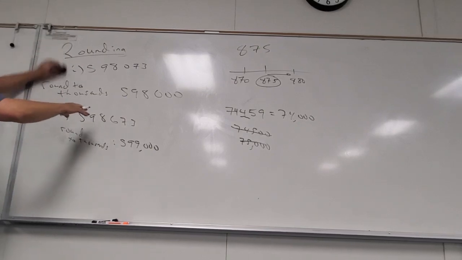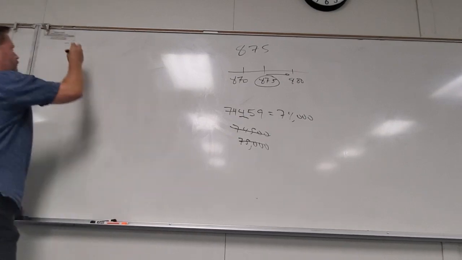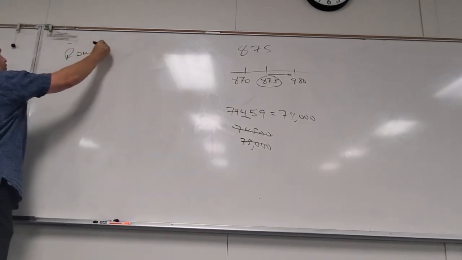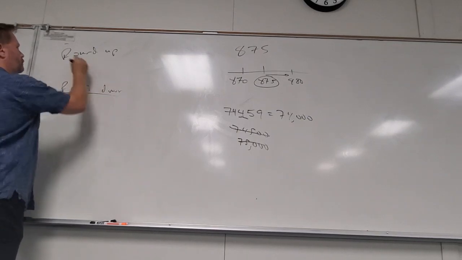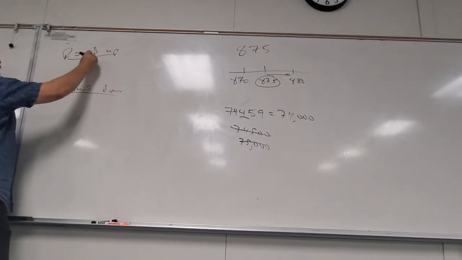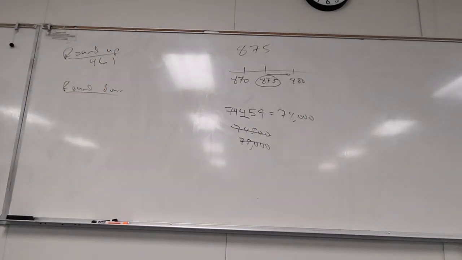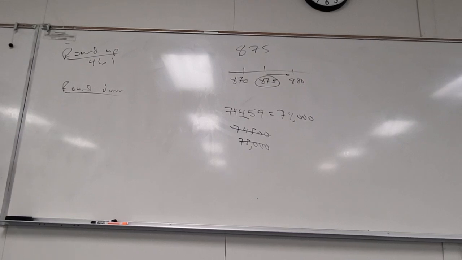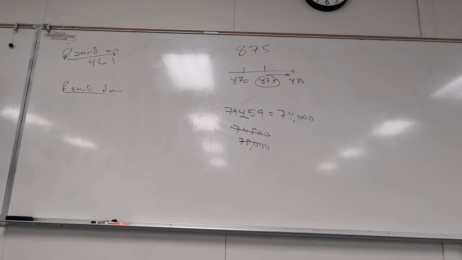But as we saw earlier, there's the idea of rounding up and rounding down, which is exactly what it sounds like. No matter what you do. So if I wanted to round 461 up to the next round number, 470. Is that cool?